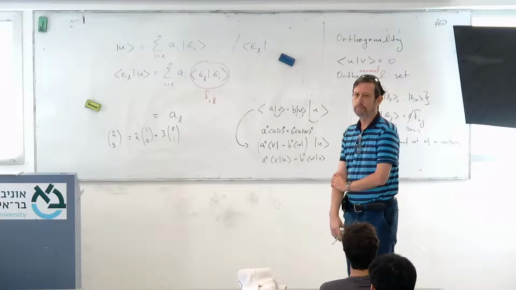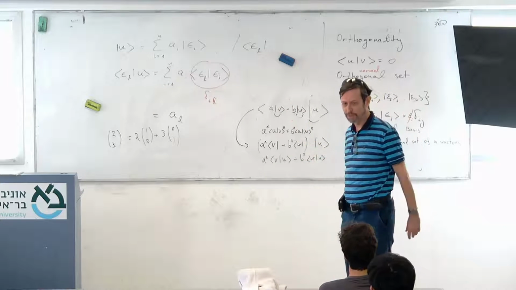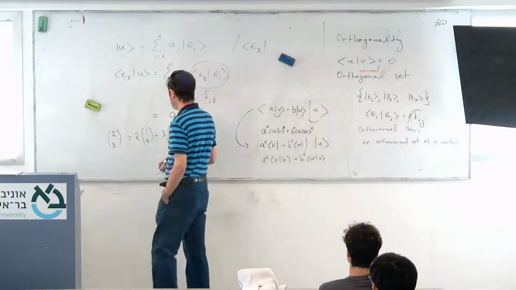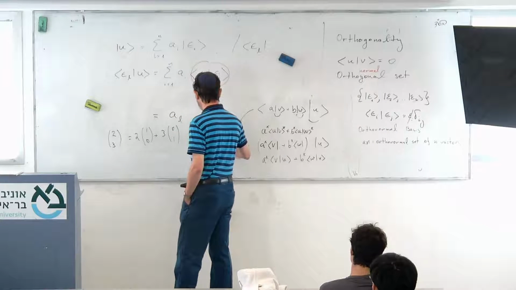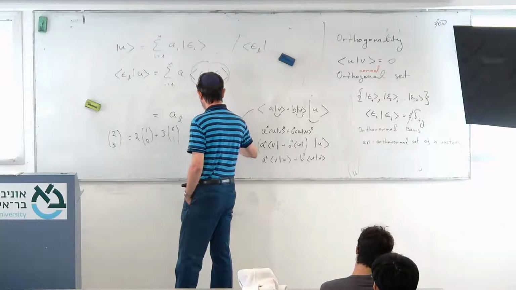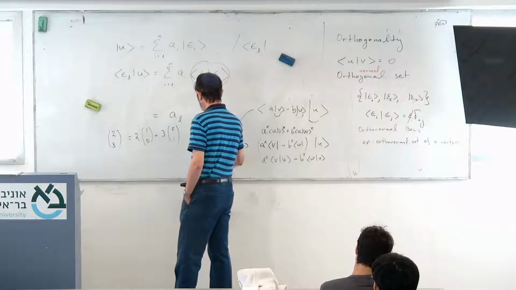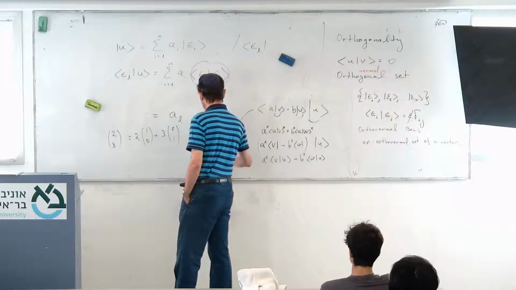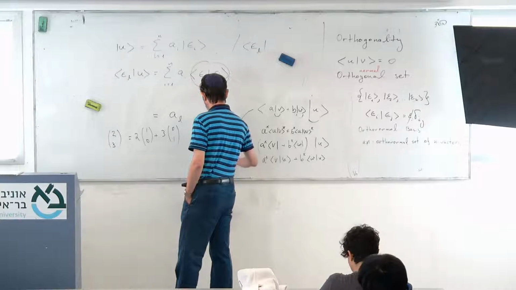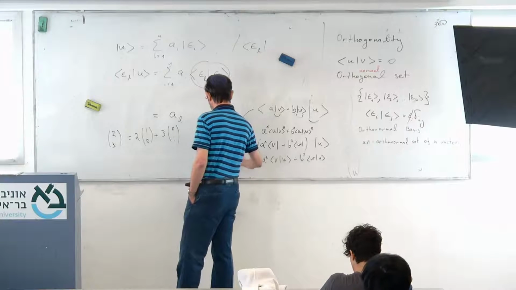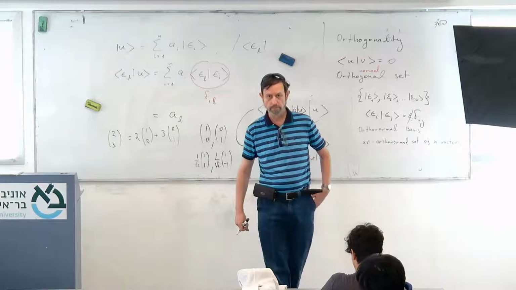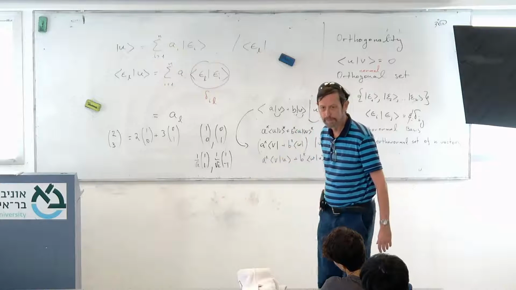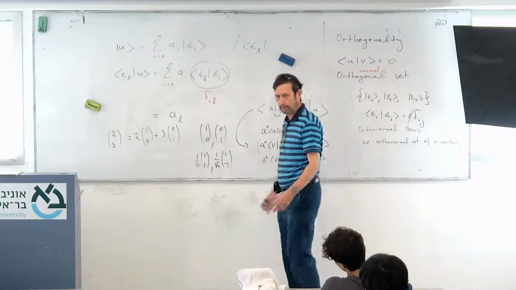I don't like that. Why? For no reason. I much prefer other bases instead of (1, 0) and (0, 1). Why? First of all, is this a basis?